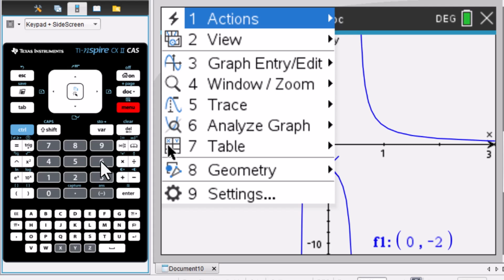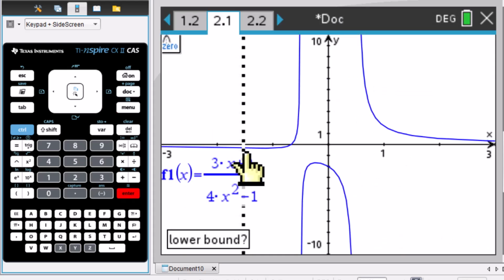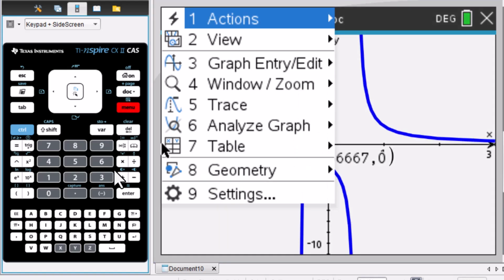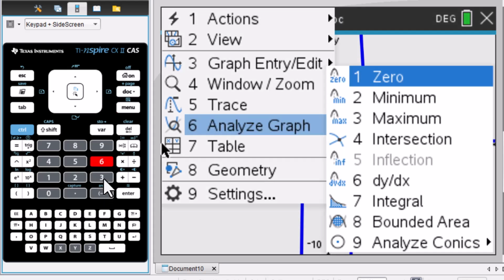Menu, 6, 0, negative 0.667 as the x-intercept. You can work out this x-intercept by hand, which is negative 2/3 from the given function. Menu again, go to 6, maximum.